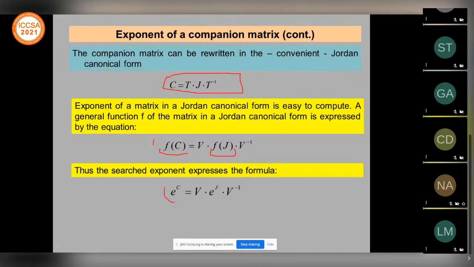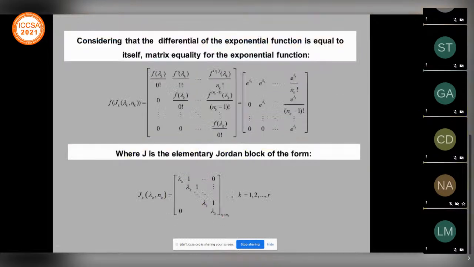So when we are finding the exponent of a companion matrix, the problem shifts just to finding the exponent of a Jordan canonical form.